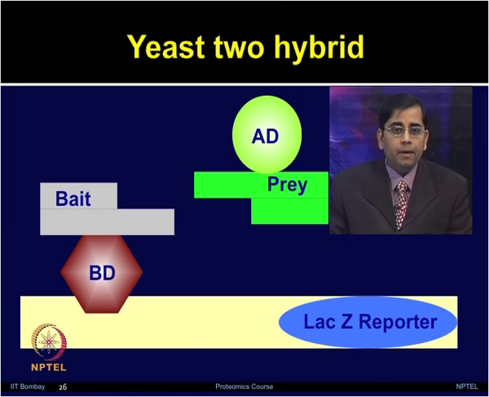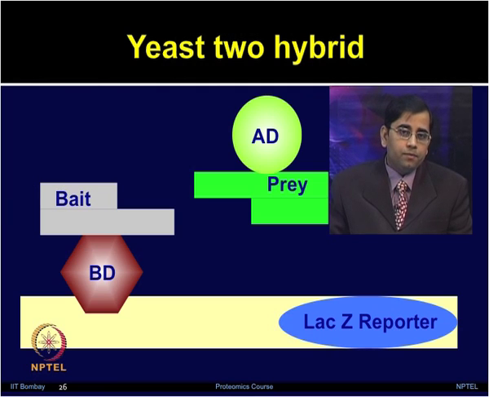One is the DNA binding domain, which remains bound to the promoter region of the DNA and is fused with a suitable bait protein whose interaction with another protein is required for study. The activation domain is the other protein domain of the transcriptional activator, which is fused with the prey protein. This activation domain, when bound to the DNA binding domain, forms the functional transcriptional activator and brings the expression of reporter genes.